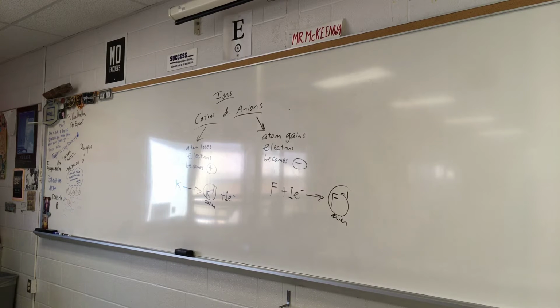So, I'll do one with you here, just so you understand what's going on. It's pretty self-explanatory. You find the element, you write the nuclear symbol. You guys can do this.